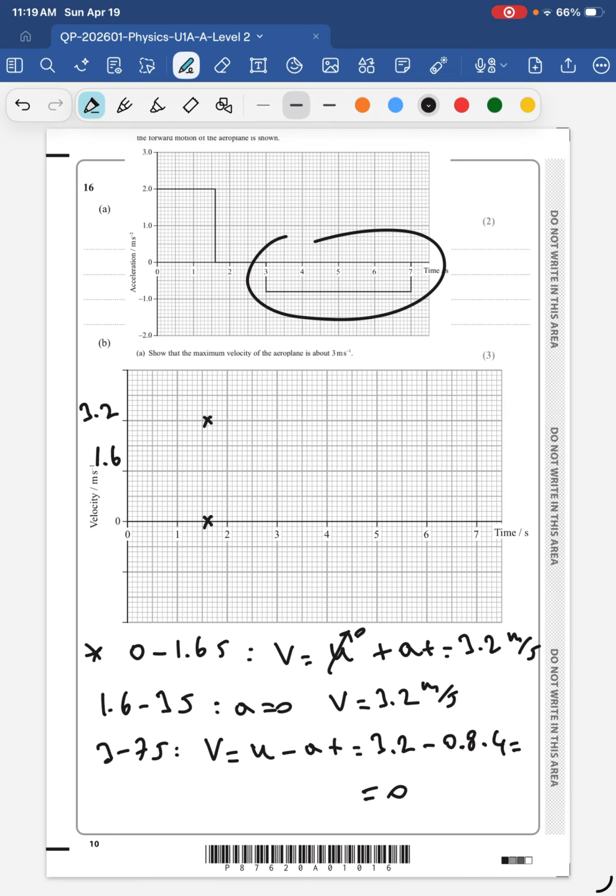So from 0 to 1.6, we have acceleration. And then from 1.6 seconds to 3 seconds, we have motion with constant velocity. And then from 3 to 7 seconds, we have deceleration. I need a straight line. I'm sorry. Okay, straight line. Yeah, that's the graph, guys.